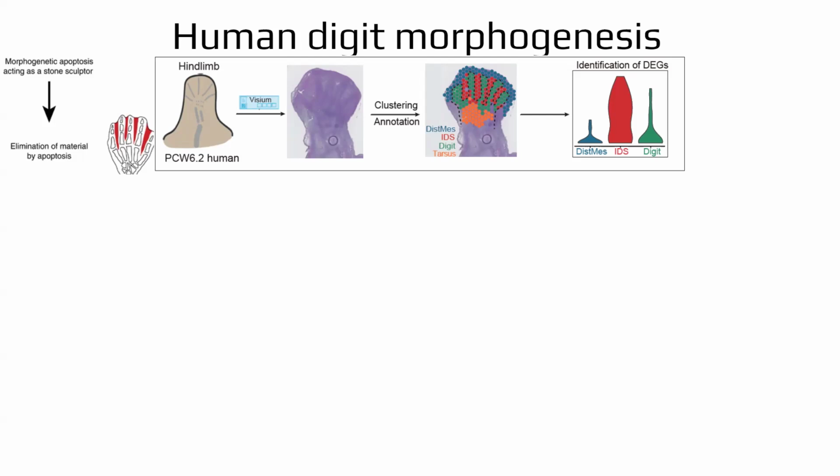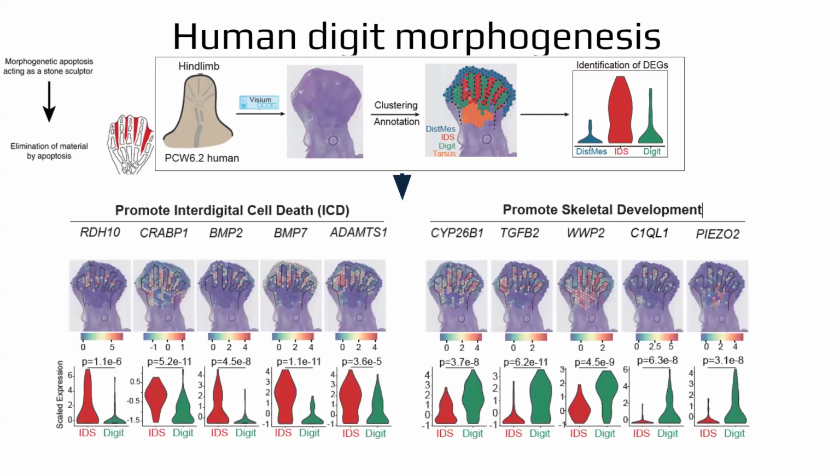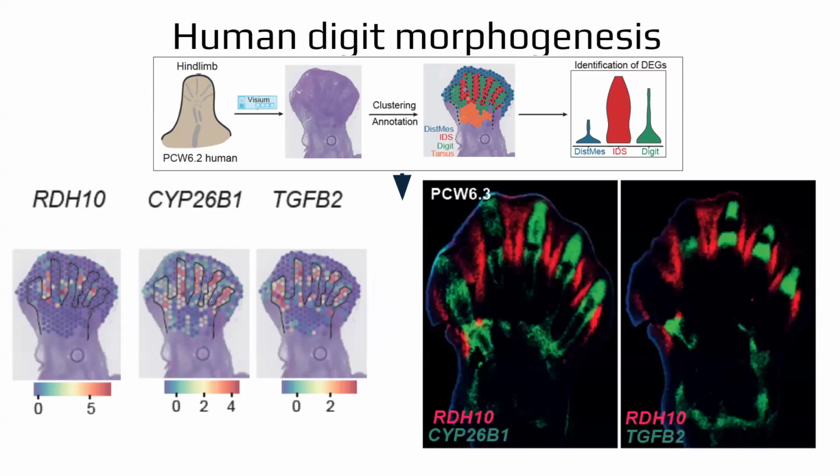By doing an unsupervised clustering to define the two groups of spots in the digits or outside the digits and performing the differential analysis, we can see a group of genes that are mainly expressed in the interdigital region corresponding to cell death, and another group of genes having the opposite expression pattern, mainly in the finger, promoting skeletal development. Using this non-single-cell-resolution discovery, we can find gene programs that can be further validated by single-cell staining experiments, showing these two opposing programs of genes very nicely.